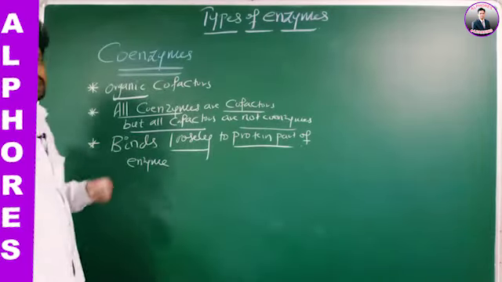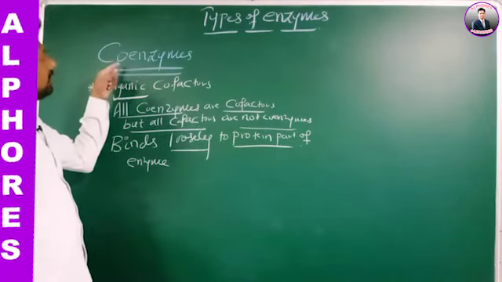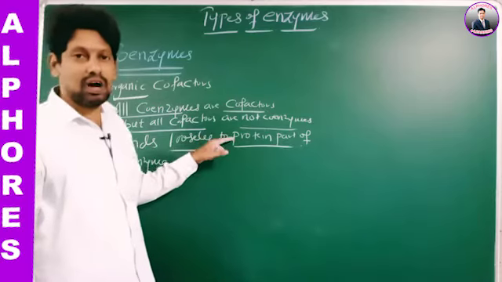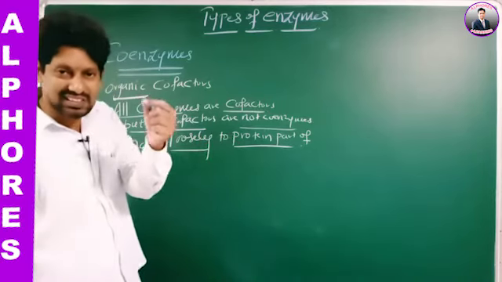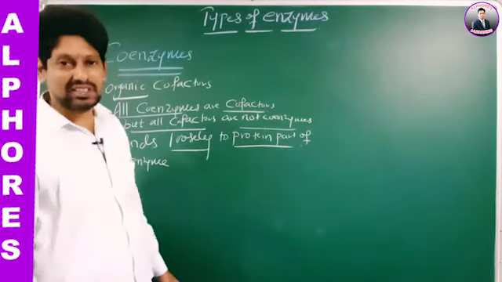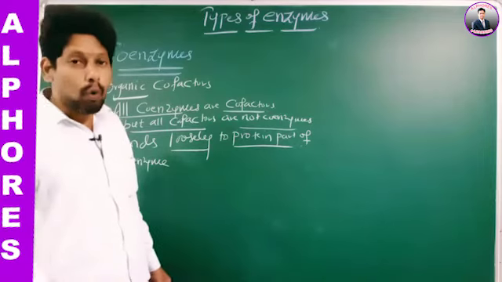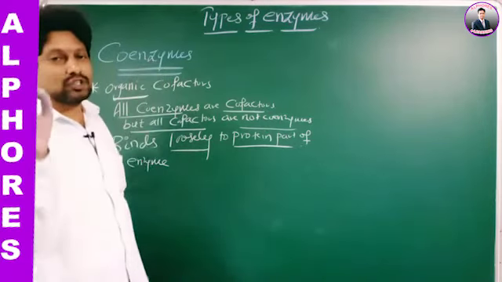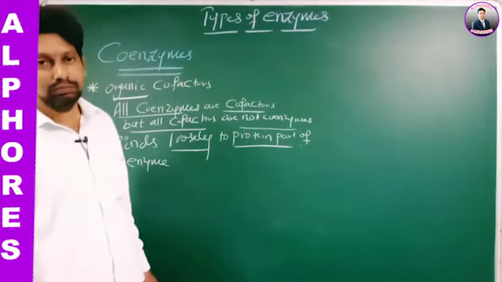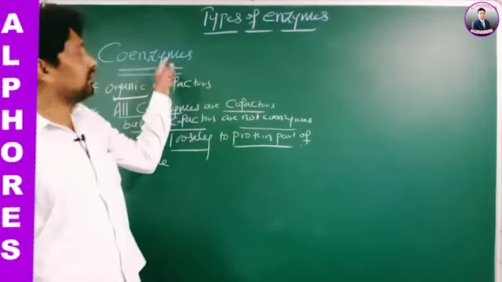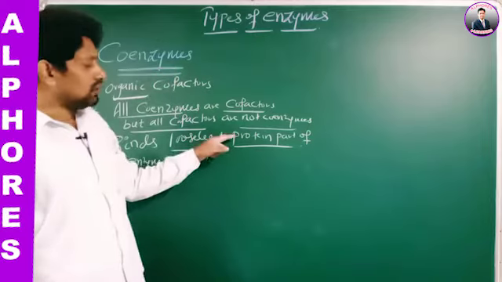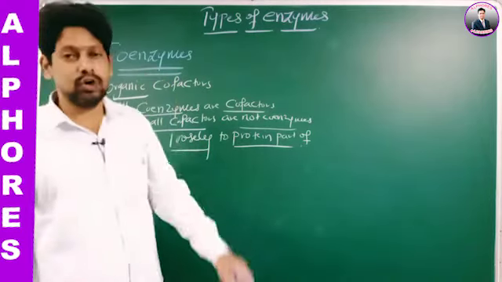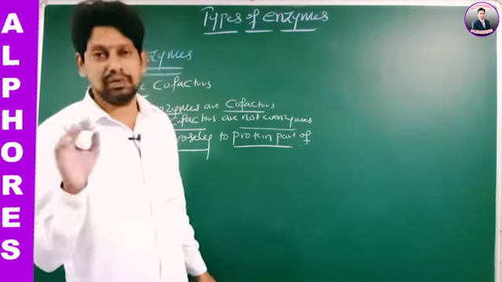Now listen to this statement: the binding of coenzyme to the protein part of the conjugate enzyme is a transient phenomenon. Transient means temporary.